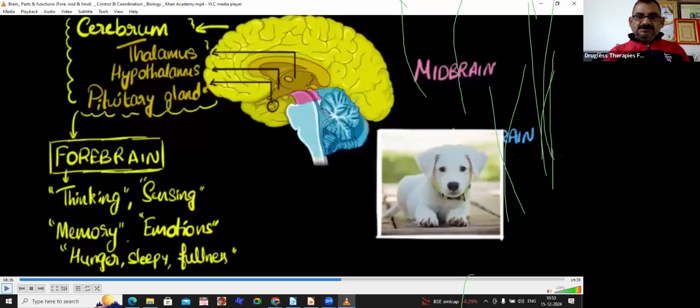Now you saw the functions of this forebrain, but in our Volume 3, it is covered under paralysis. It is OM20 and OM21. They are covering all the parts of this brain, and here it's very easy.